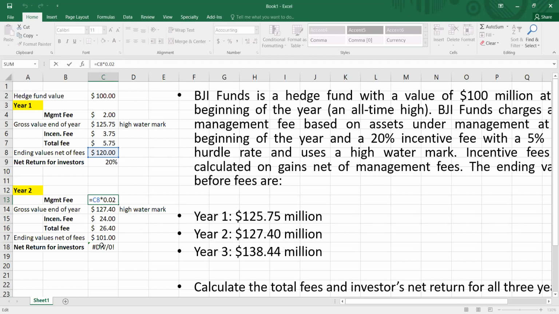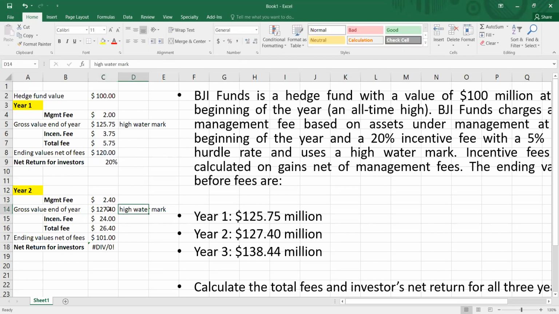Sorry, I didn't get you well at the beginning. Now, the management fee is paid on the beginning value, the beginning of the year value. If it was the ending value, then we would just be dealing with the current year numbers. Okay, so the gross value is 127.